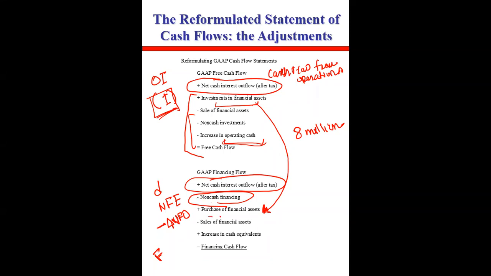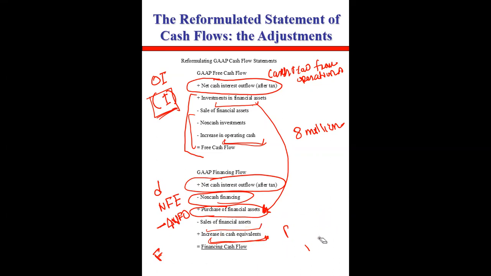And if we purchase financial asset, we are using our cash, we are spending cash, we are not taking cash. So that's why it is positive. And if we make the sale of financial asset, and if we make the increase in cash equivalent, this is not for the operating part. You can recall that this cash equivalent investment is for financial part or financial investment. Okay. So we will try to solve a problem, and this abstract equation will be very much clear to you.